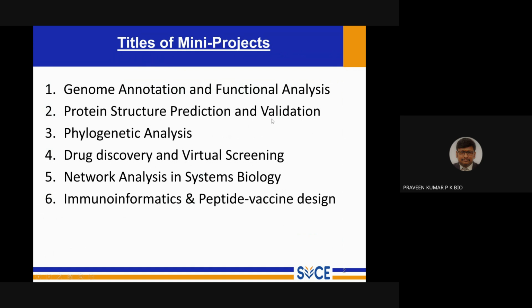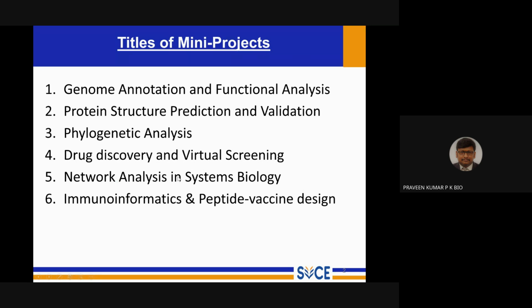Protein structure validation, I think you know, but how you can take it in the form of a project, how you validate, all these things. If anything is uncovered, we can discuss phylogenetic analysis. What are the various tools and how we can bring it in the form of a mini project, I will be discussing.